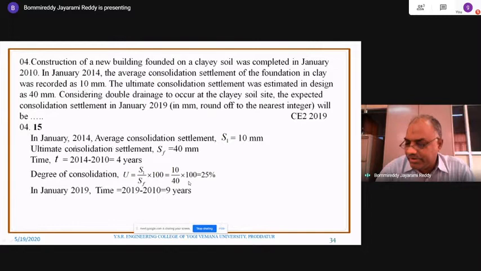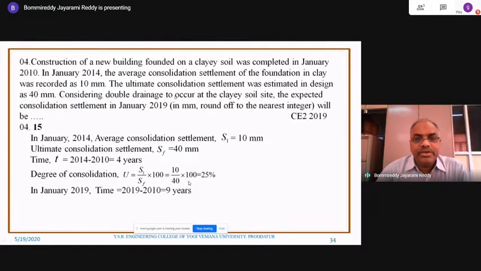During the time of 4 years, the settlement is equal to 10 millimeters. The ultimate consolidation settlement was estimated in the design as 40 mm. What is S ultimate? That means the maximum possible settlement is 40.